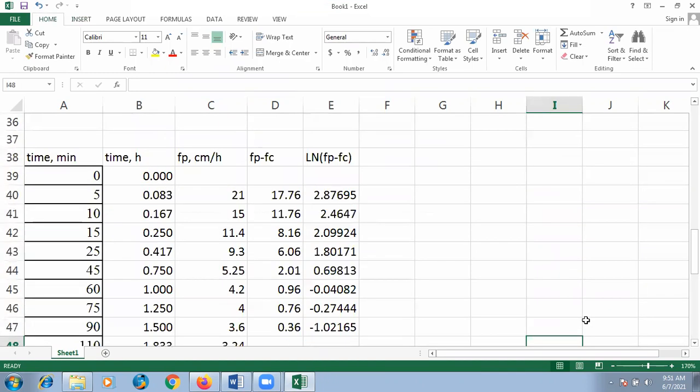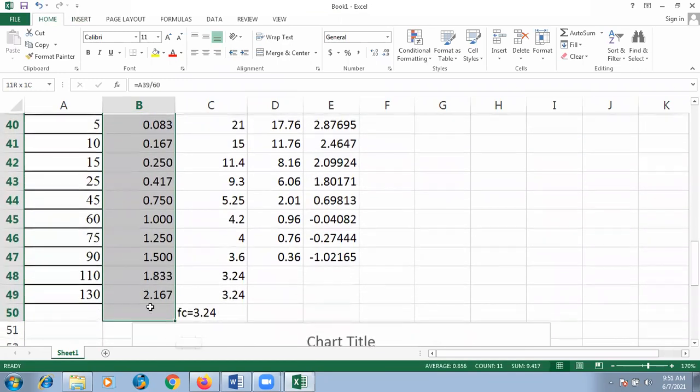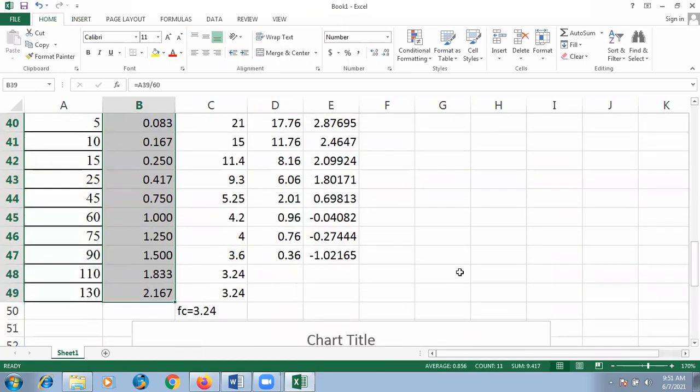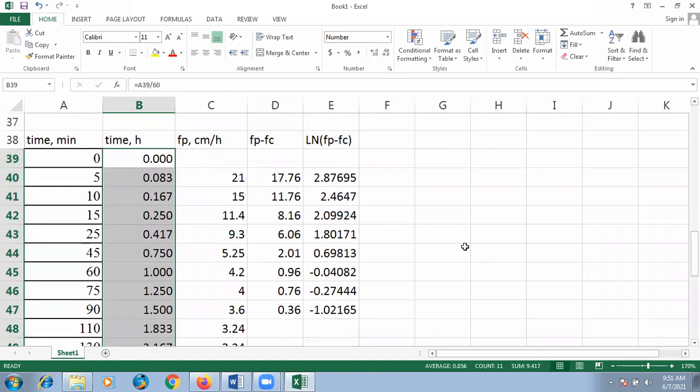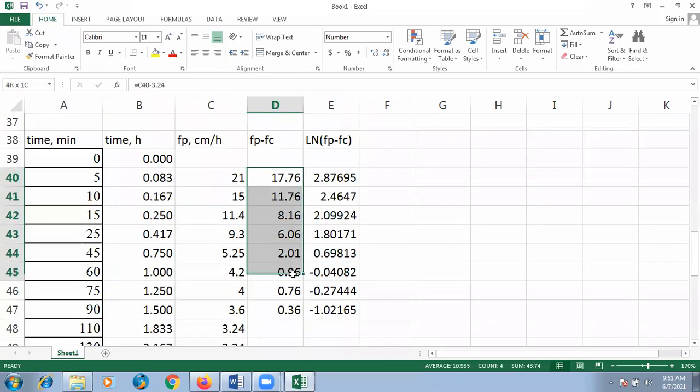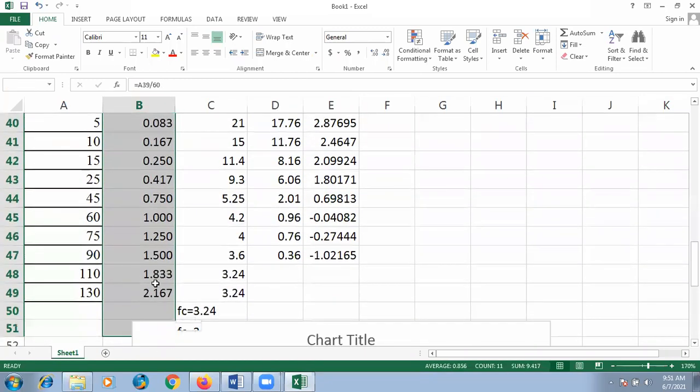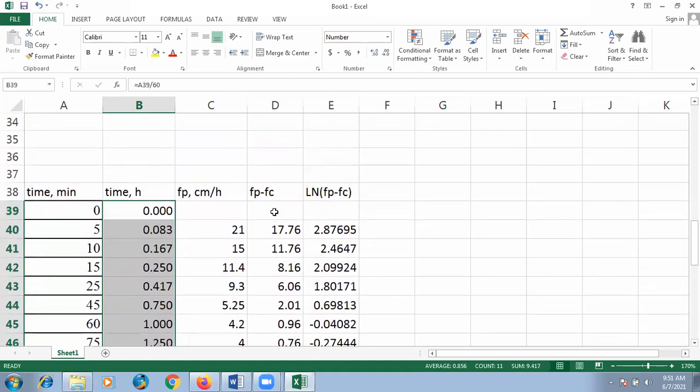Or the other option for you is, in examination, you plot time on the x-axis, and then on a semi-log sheet, you can plot these values. On the normal axis, you will plot time.